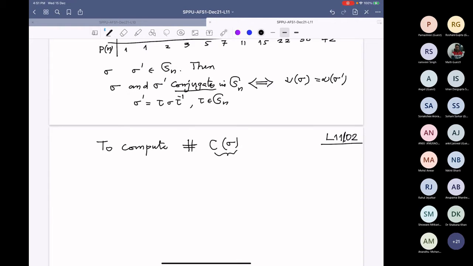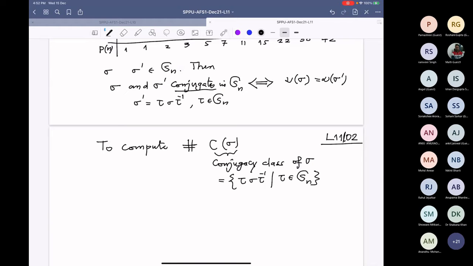This is the conjugacy class of sigma, which is by definition the set of all elements like this: tau sigma tau inverse, as tau varies in Sn. How many conjugate elements are there?